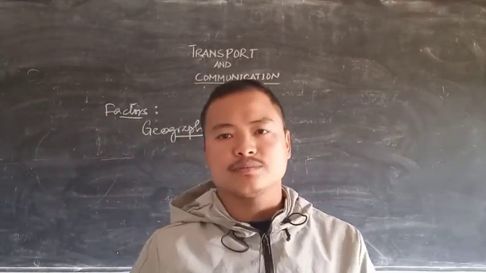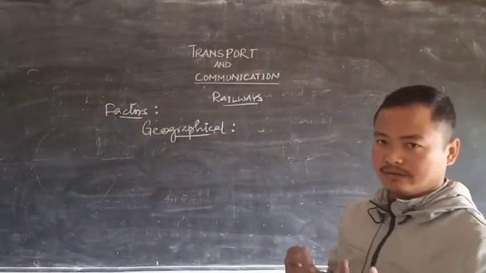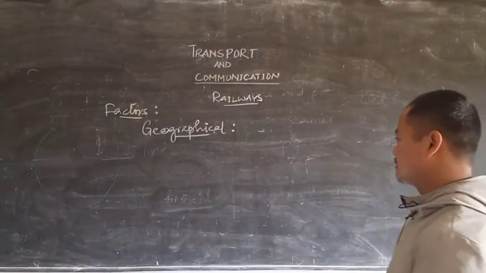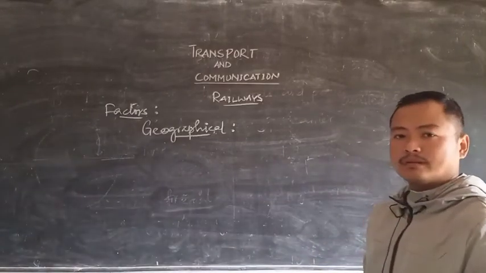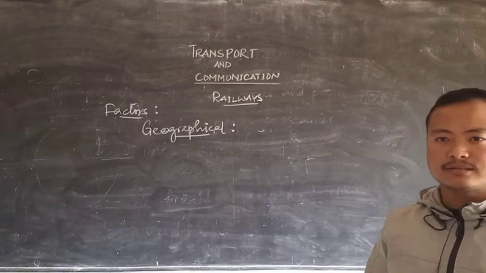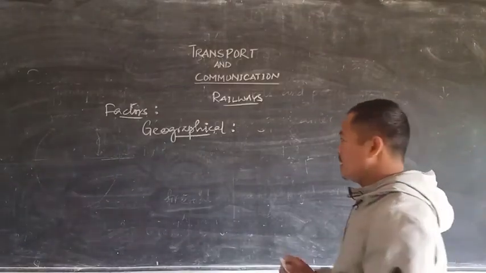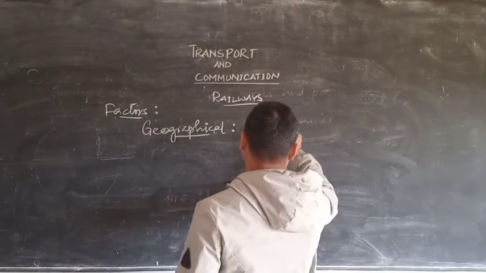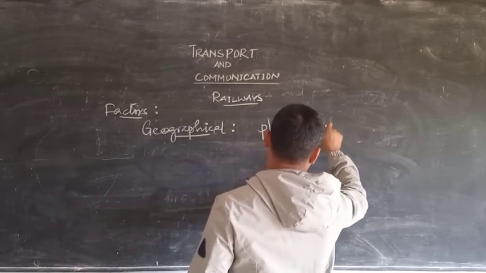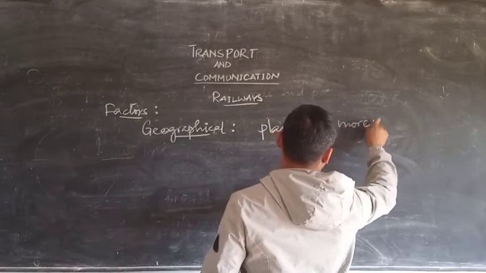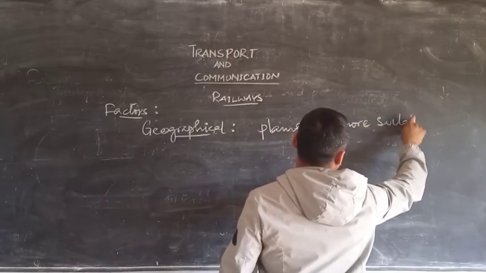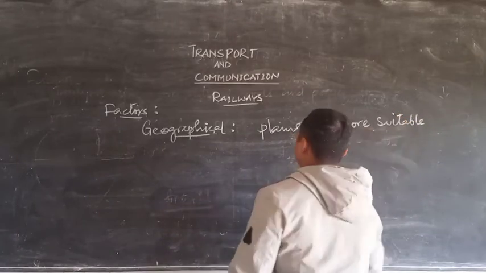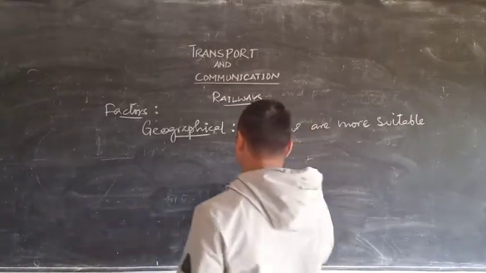When we discuss geographical factors, we easily understand that for laying railway tracks, plains are more suitable than mountainous areas.